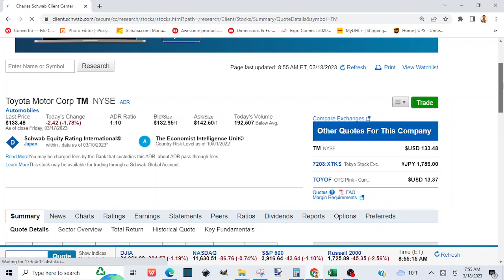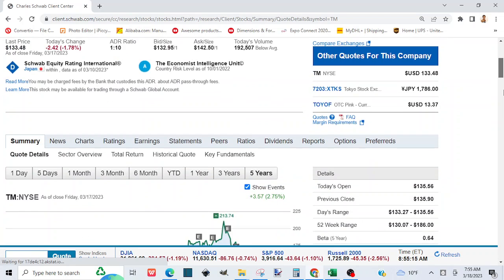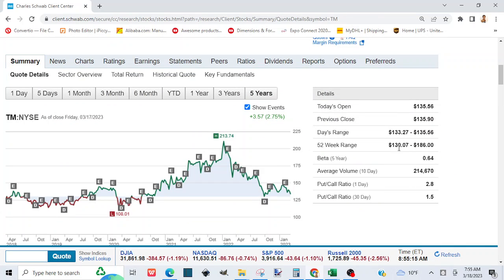Now you will pay attention to how much it is selling for, 133.48, and what is the low and what is the high, 130.07 and 186.